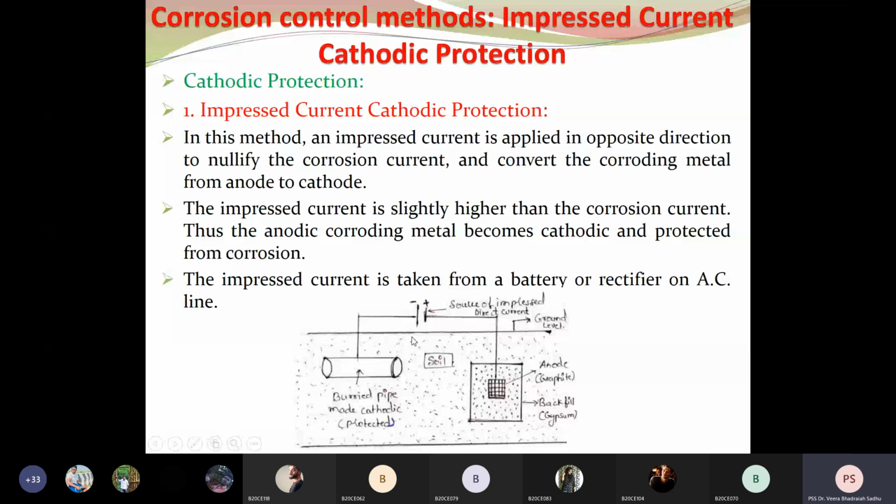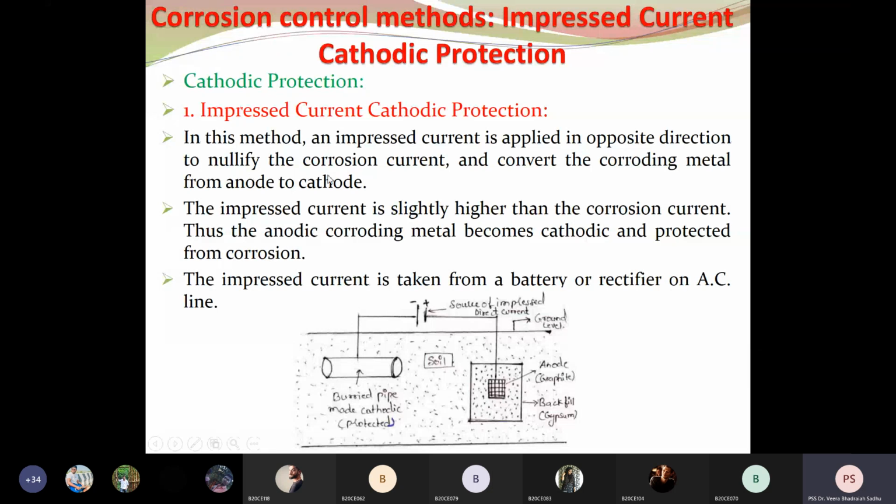Based on the impressed current, the metal will be protected against corrosion in the corrosive environment. In this method, the impressed current is applied in the opposite direction to nullify the corrosion current and convert the corroding metal from anode to cathode.